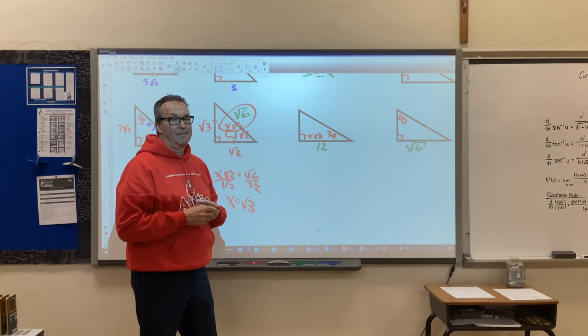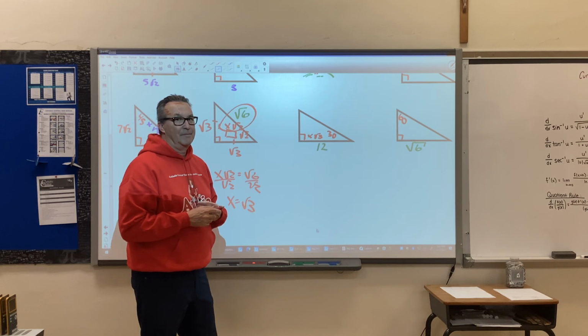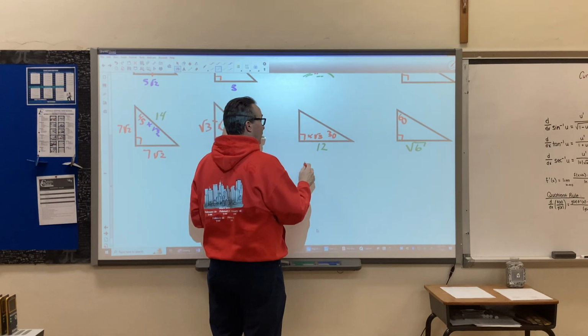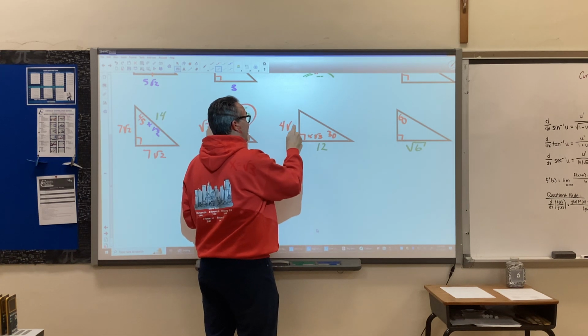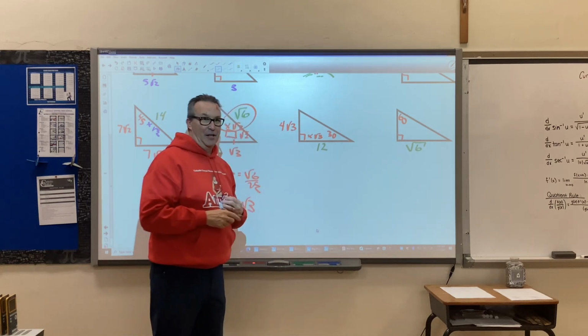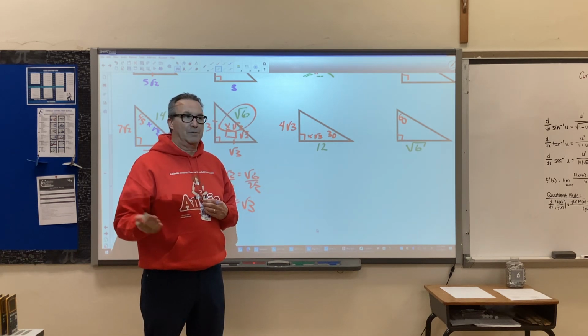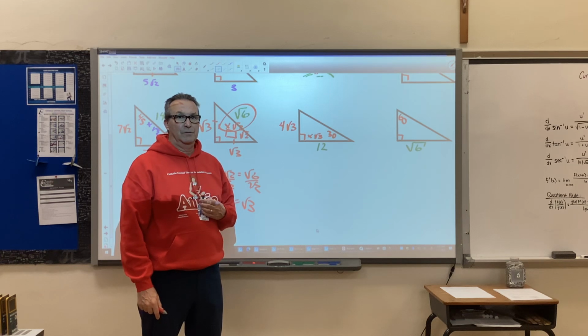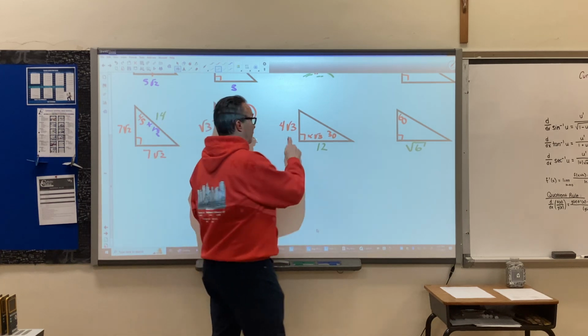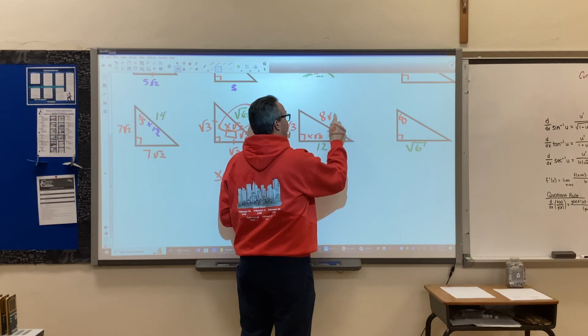So we have some number. Ooh, 4 square root of 3 is correct. It's a third of 12. 4 times the square root of 3. Works every time. What's the hypotenuse? 8 square root of 3. Double 4 square root of 3 and you get 8 square root of 3.